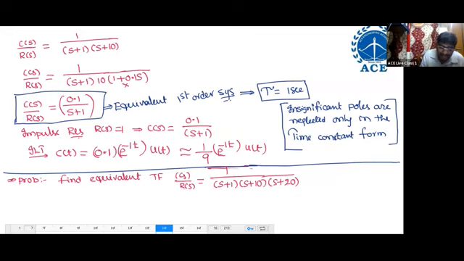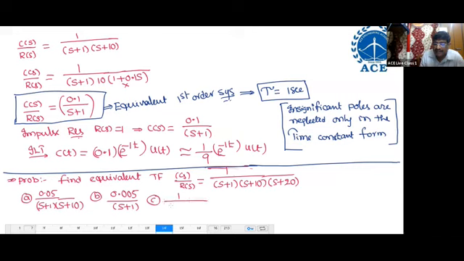Option A, 0.05 by (S plus 1)(S plus 10). Option B, 0.005 by S plus 1.